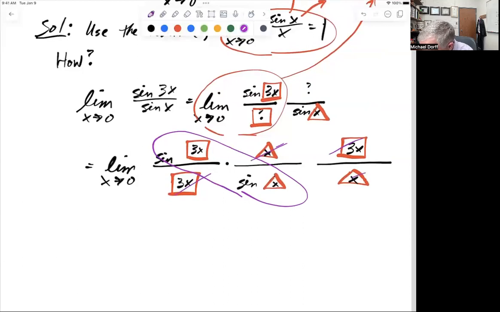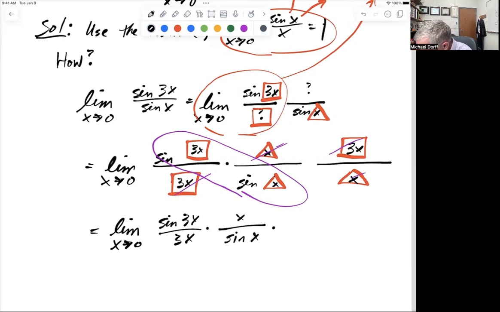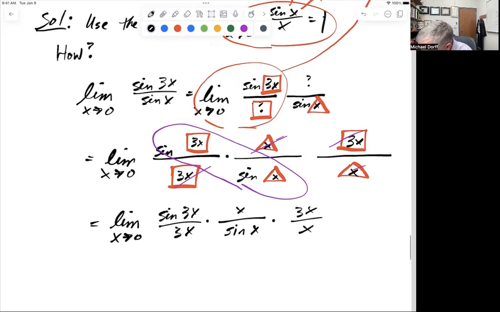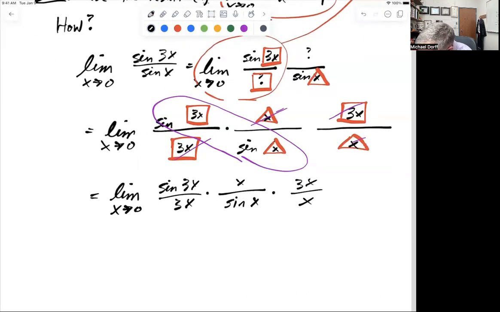But I've rewritten it this way because it allows me to use this limit result, number one. So I have the sine of 3x over 3x times x over the sine of x, and then I have a 3x over x. And what do I get with that?